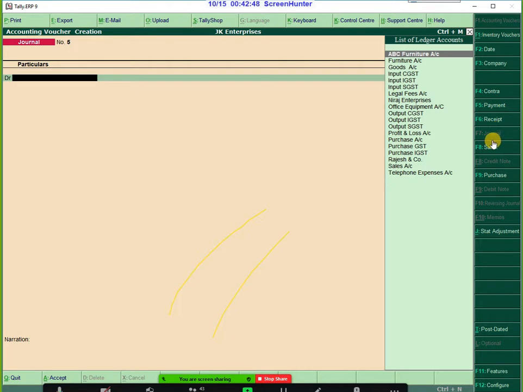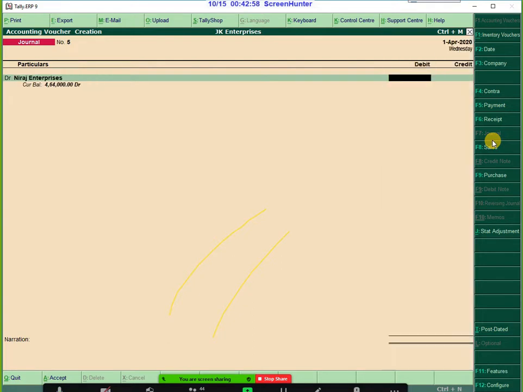Here the party's account means Neeraj Enterprises, the party to which we are going to sell our goods for 1,74,000 including the GST.